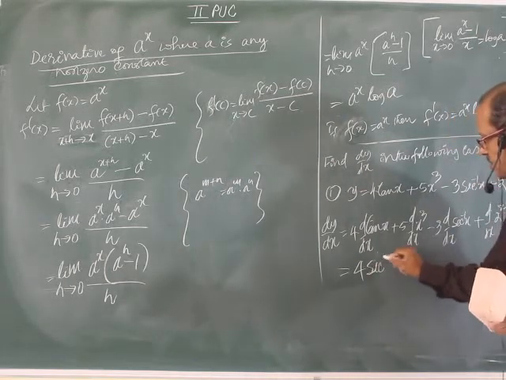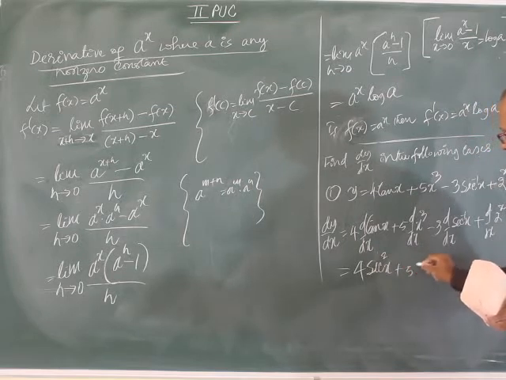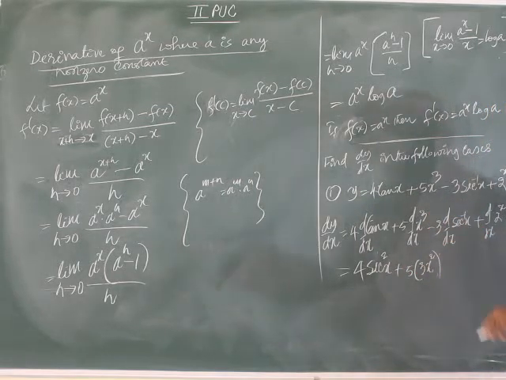Secant square x, 5 into 3x square, x cube derivative, 3 into, do you remember that? 1 by x into root x square minus 1, secant inverse x derivative, plus this is the formula, a to the power x, a to the power x log a.